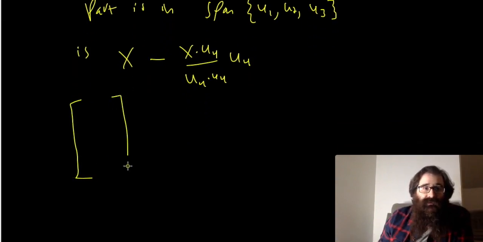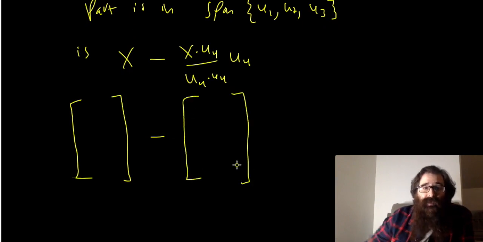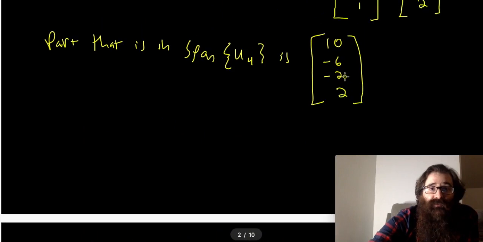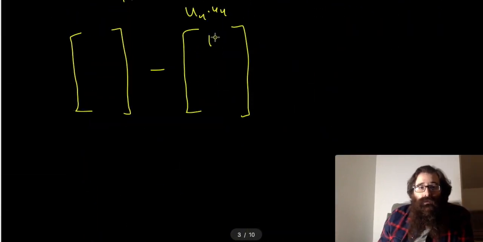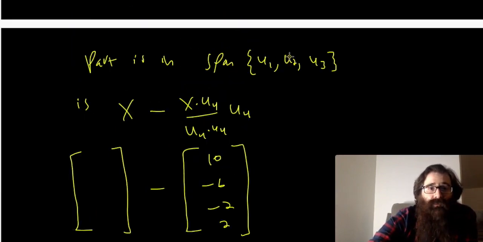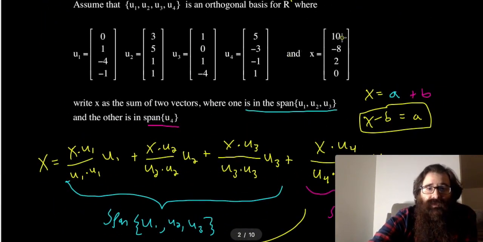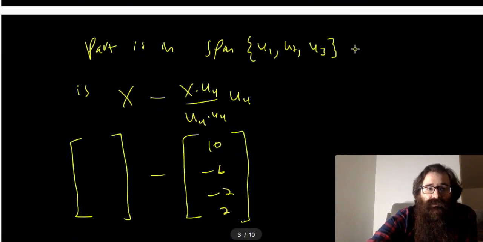We need vector x again, and then minus the piece that's in the span of u sub 4, which I just found: this vector 10, negative 6, negative 2, 2. Then what was vector x? 10, negative 8, 2, 0.